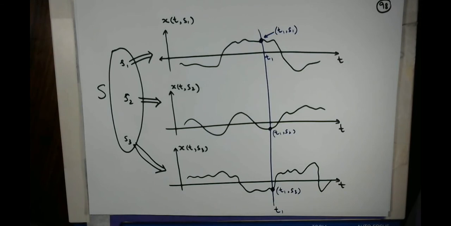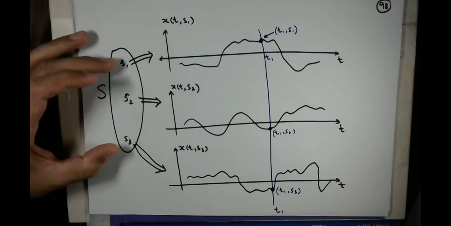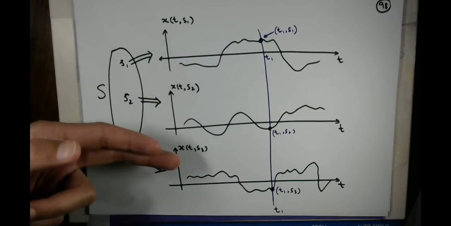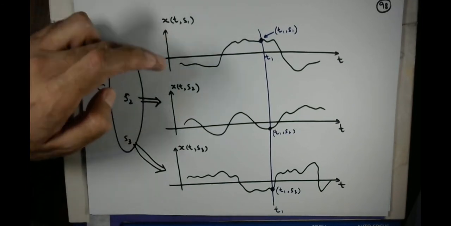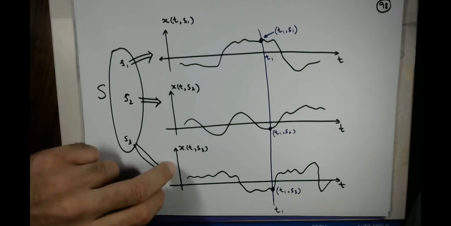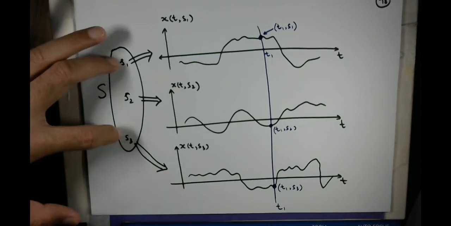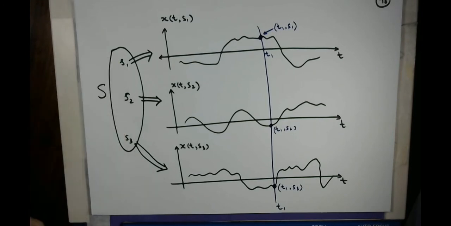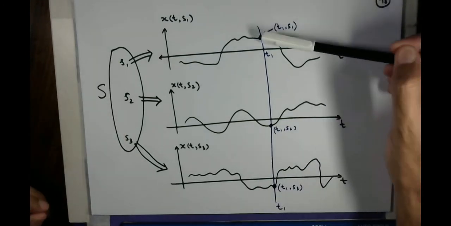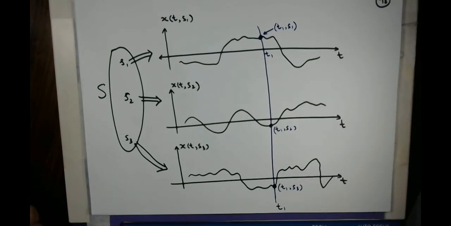So now what we see here is that we have a sample space, and we have three sample functions associated in the process with these sample values. When we fix time, we pick one value from each of the sample functions.